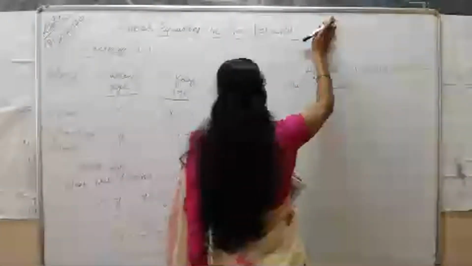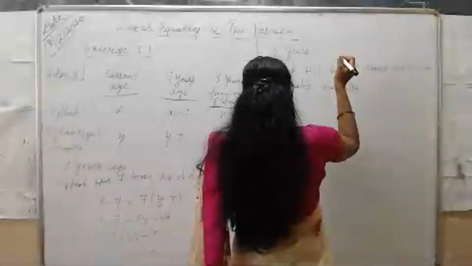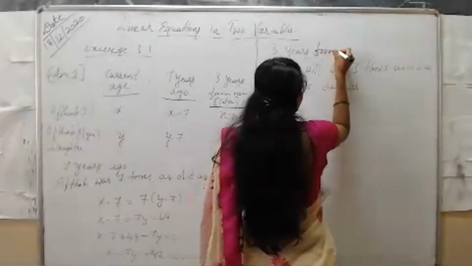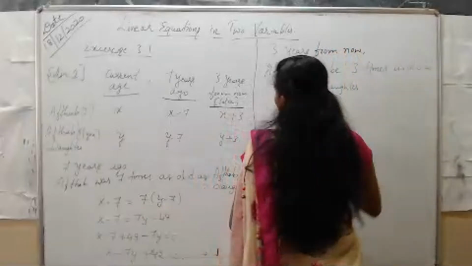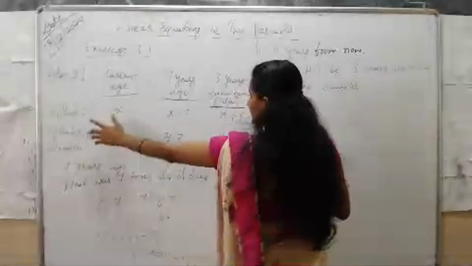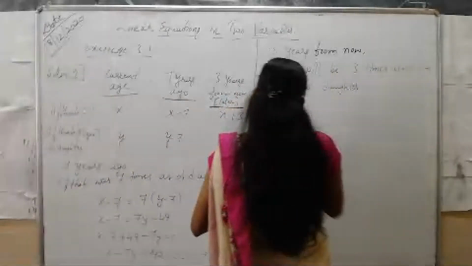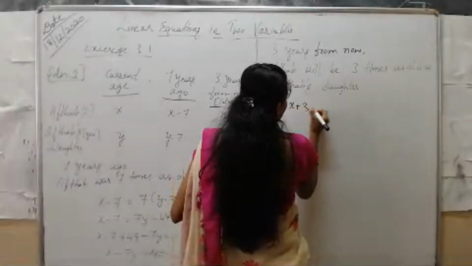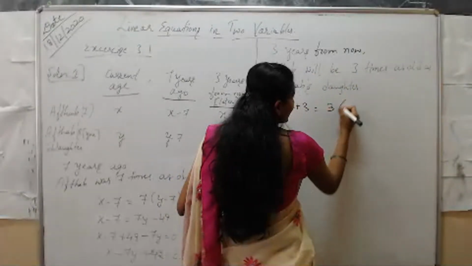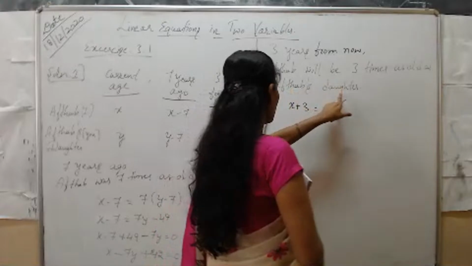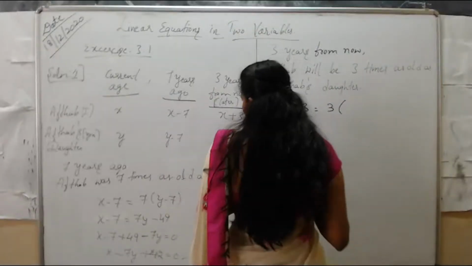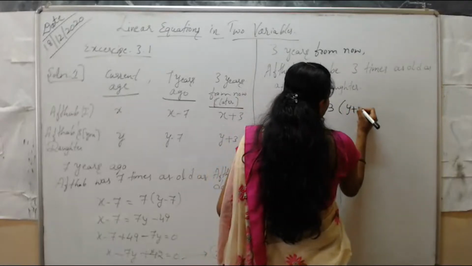So 3 years later, 3 years from now means later. What is Aftab's age 3 years from now? x plus 3, which will be 3 times as old as Aftab's daughter. What is the age of Aftab's daughter 3 years later? That is y plus 3.